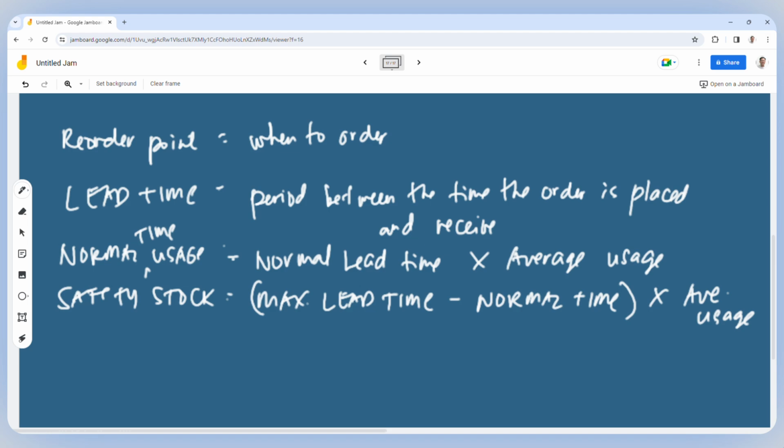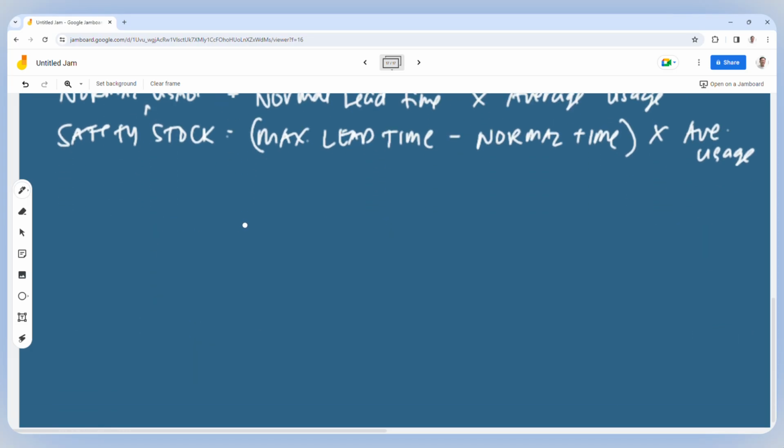And, okay? Reorder point if there's no safety stock. Okay? So, reorder point if there's no safety stock, of course, that would be your normal lead time. No? So, how about naman if there is a safety stock? Paano class? So, again, what if class you have reorder point if there is no safety stock?